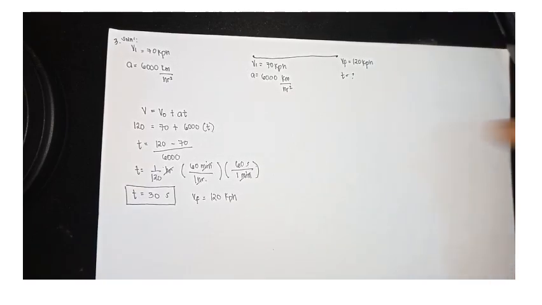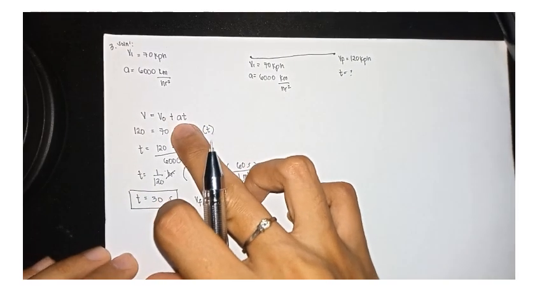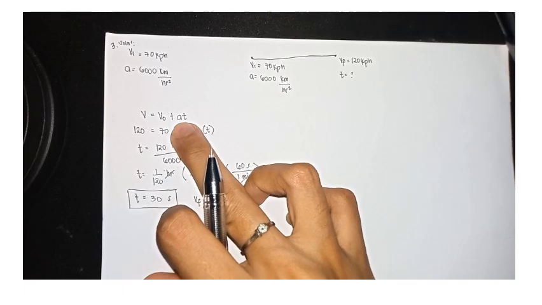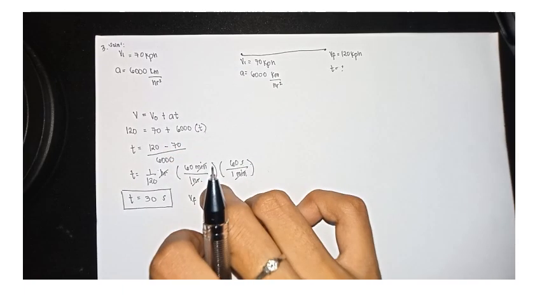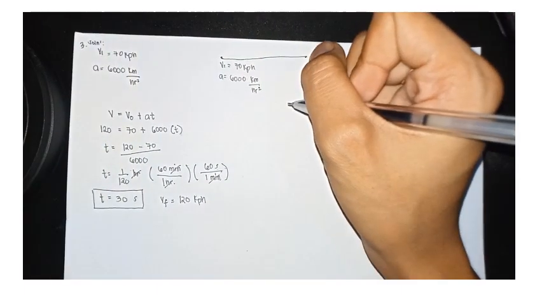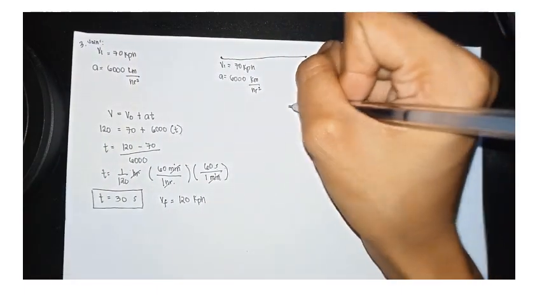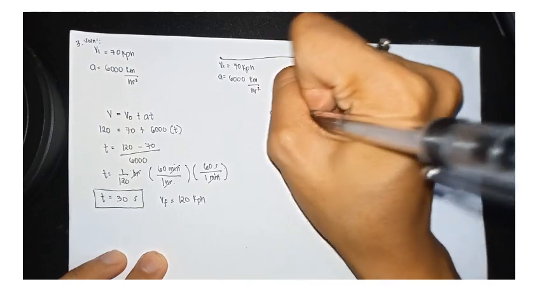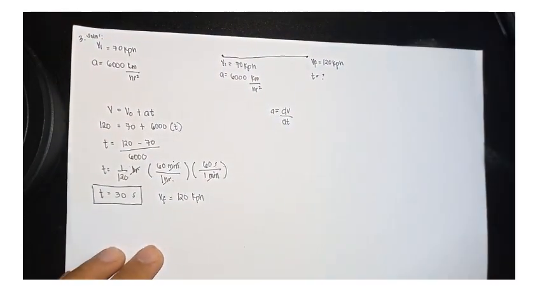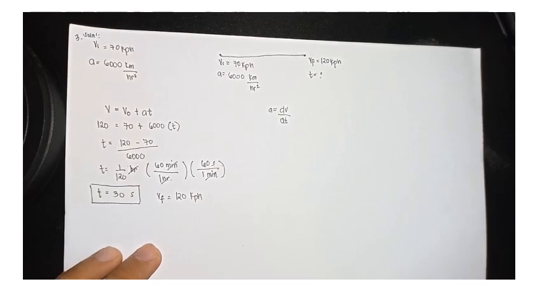If ever you forget this formula, we can use the formula for variable or instantaneous acceleration, which is a equals dv over dt, the derivative of the velocity equation with respect to time.